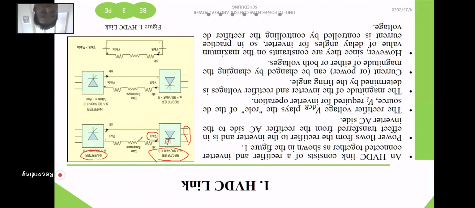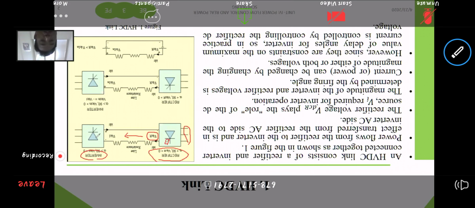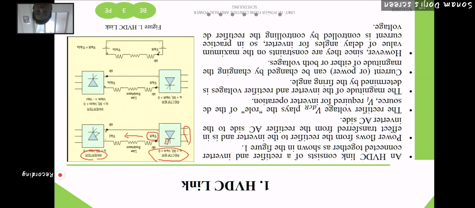So from here the DC source will flow, and this becomes the source for the inverter. For inverter operation, the input to the inverter will be DC and the output you get is AC. So VDC, which we call VDCR, is the DC source for the inverter operation.